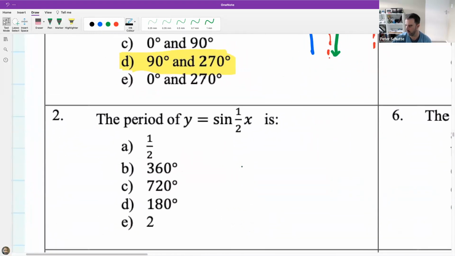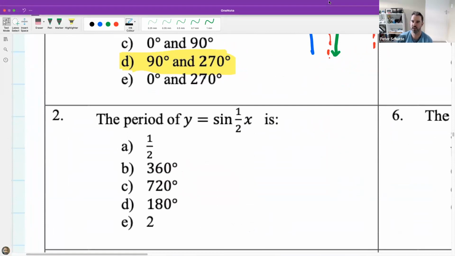Okay, what about this one? What is the period of this trig function? It's been transformed. What's the period of this trig function? What do we think?